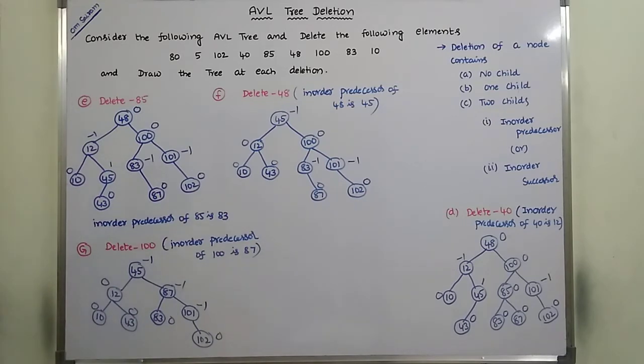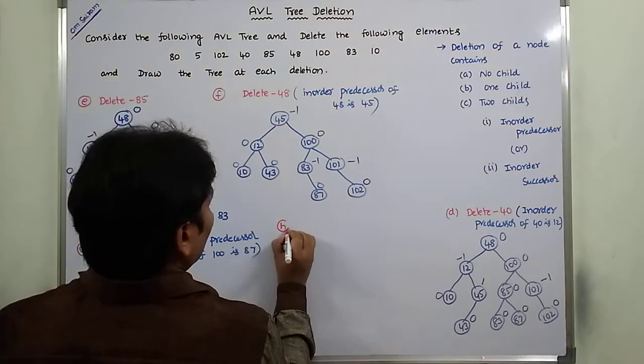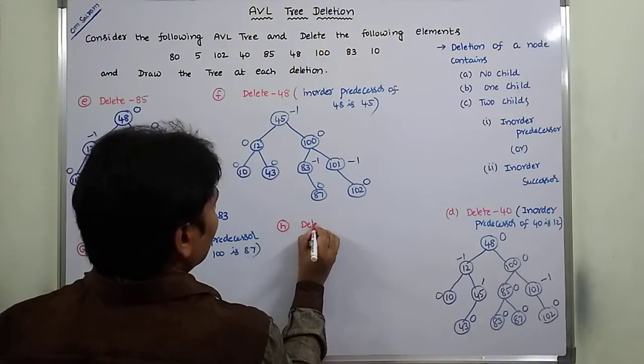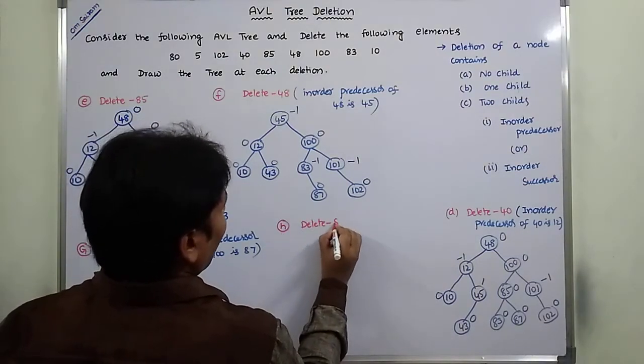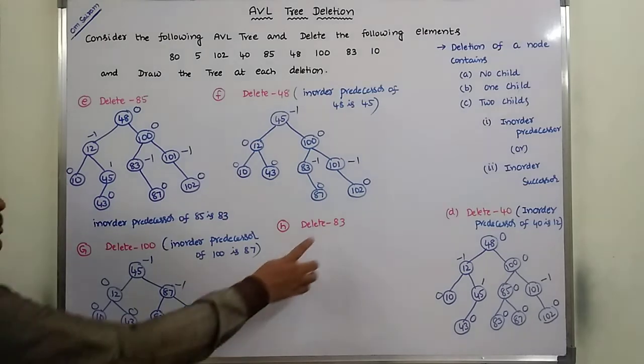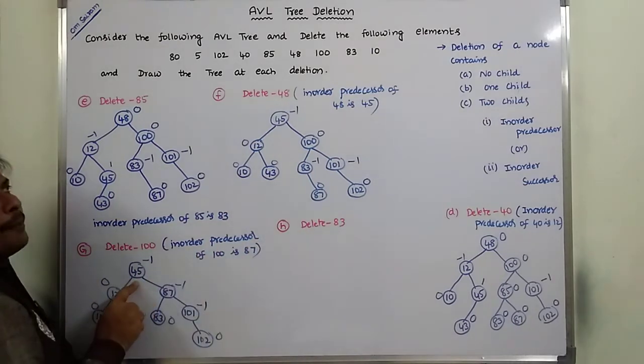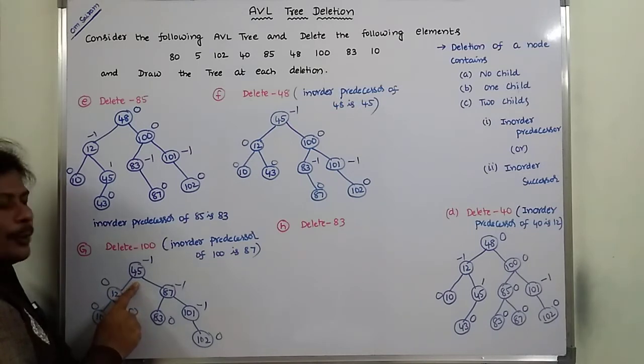Okay. Next deleted element is 83. So delete 83 in this tree. First we have to find out the location of 83. 83 is compared with 45. It is greater.